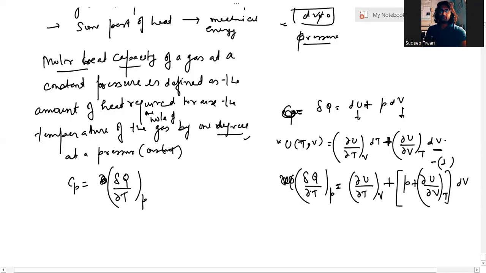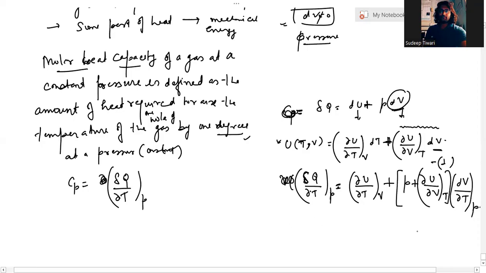Here I am differentiating with respect to temperature, so I'll simply write temperature, but all these things at a constant pressure. Are you getting my point? There is a term of PdV involving differential volume, and then there is a term of differential volume here as well, so I have added these two terms. Since I'm evaluating del Q by del T at a constant pressure, this dT comes down, so basically dV by dT at a constant pressure.